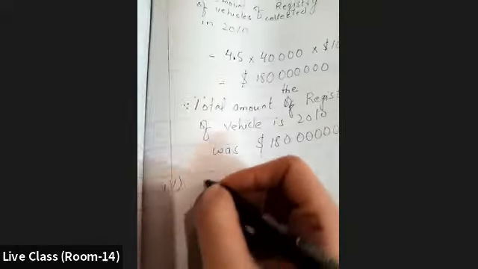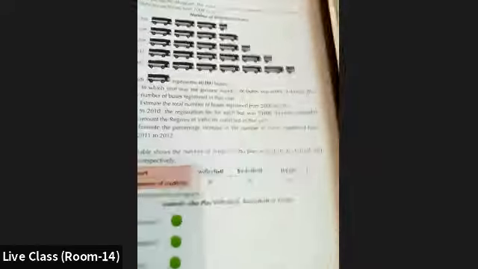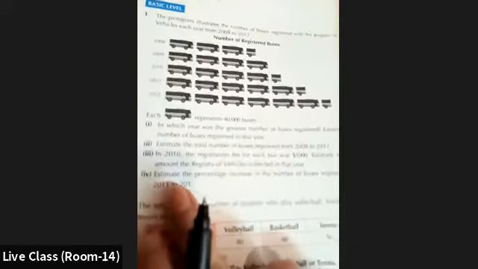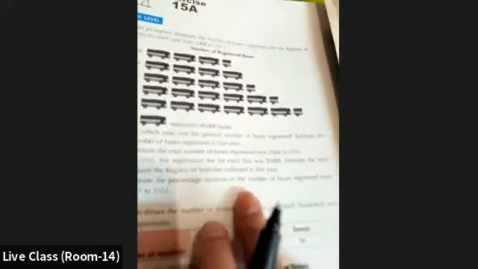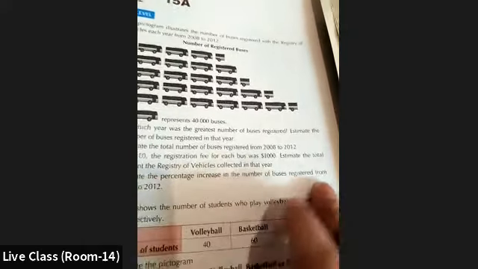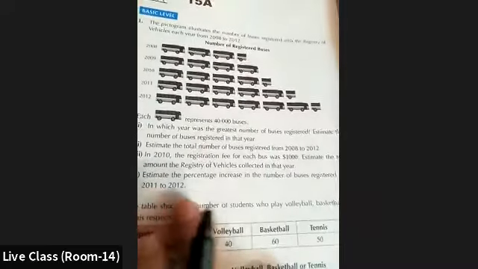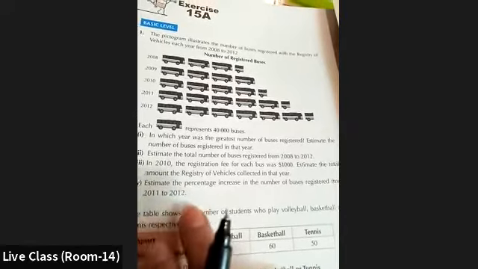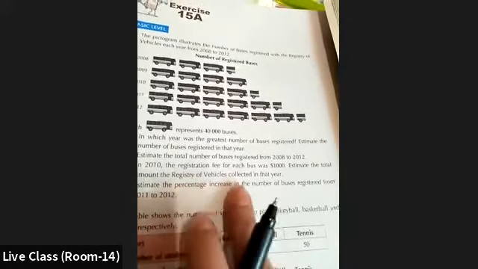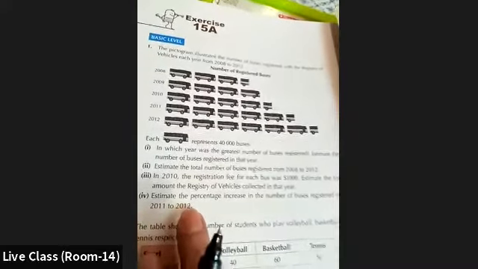Okay, ji. Part 4, everyone. Estimate the percentage increase in the number of buses registered from 2011 to 2012. What you have to do is find the percentage increase in the number of buses registered from 2011 to 2012.